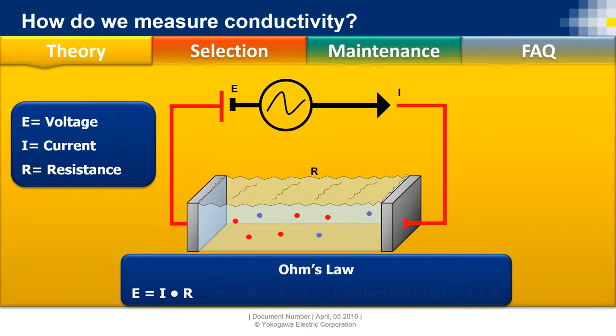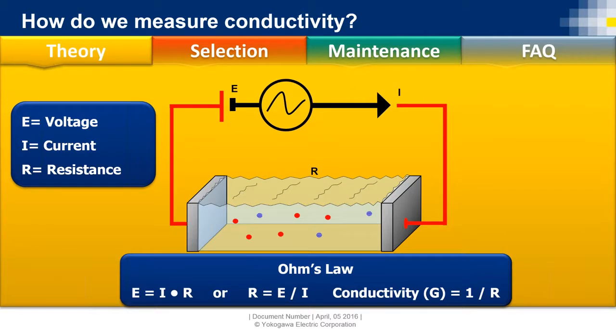Here we're interested in seeing how conductive a solution is. We actually have to rearrange the equation, calculate and find the resistance of the solution, and then conductivity is just the inverse, or the reciprocal, of resistivity.